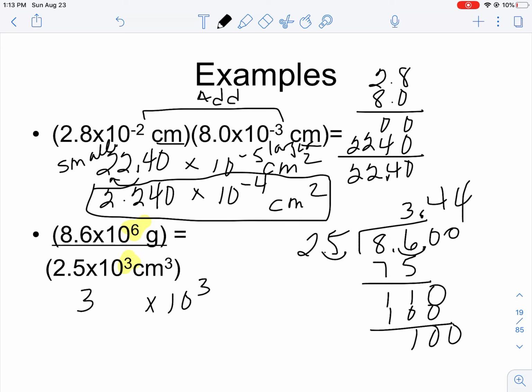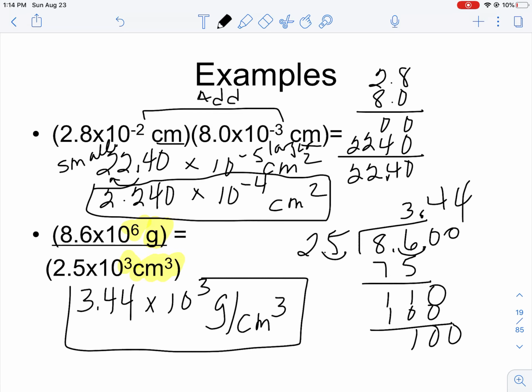And 4. So we get 3.44. So 3.44 times 10 to the third. What are our units? Make sure you don't forget your units. We have grams and nothing cancels in centimeter cubed, so we do grams per centimeter cubed. That is our answer.